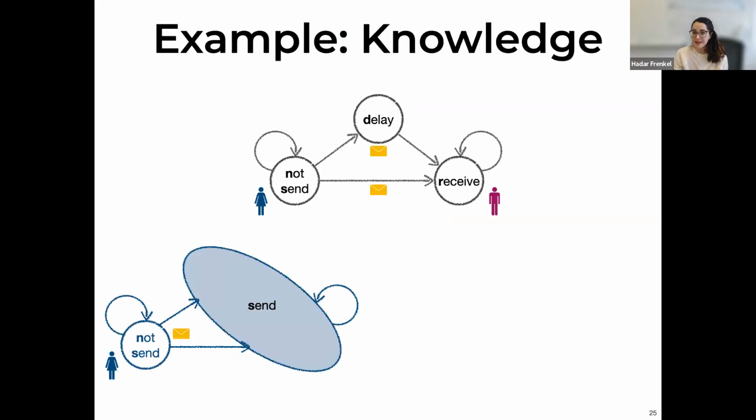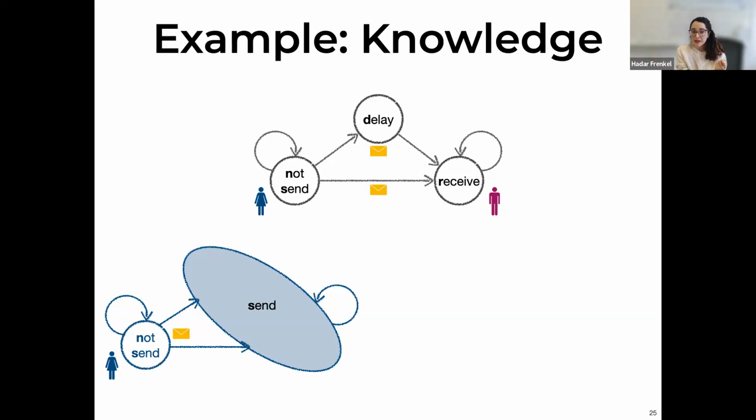So now our setting gets a bit more complicated. Before we just had our finite state system, but now we also have 2 agents. We have a blue agent and a red agent. And each of these agents has some observations over our system. So the blue agent knows the general system, so she has the gray graph above, but when she gets some execution, and we'll see it in the next slide, she cannot distinguish between a situation where there was a delay or the situation where the message was immediately received.